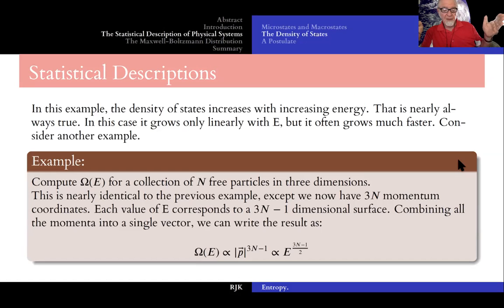So the number density is proportional to the magnitude of the momentum to the 3n minus 1. Probably not everybody knows how to do 3n dimensional surfaces, but I looked it up. And since the energy is the momentum squared, this is proportional to the energy to the (3n minus 1) divided by 2.